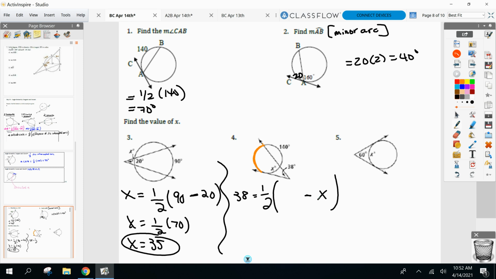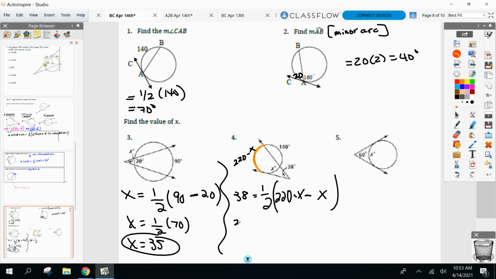How can you write what's left now? 220 minus X. Everyone good? Well, that piece is X, so the final part has got to be 220 minus X minus the smaller arc, which was X.